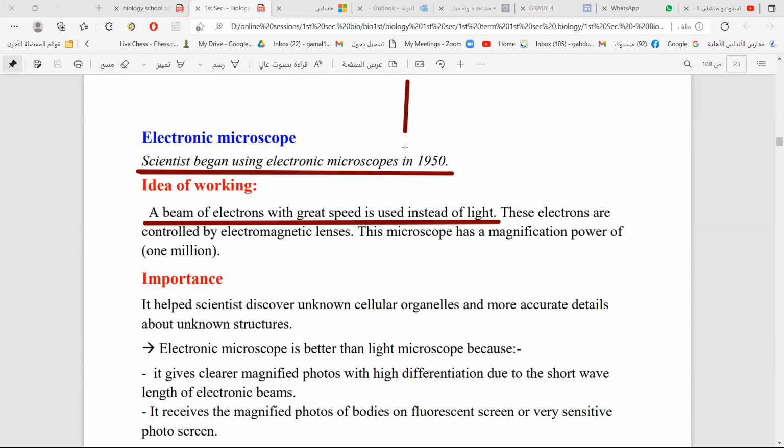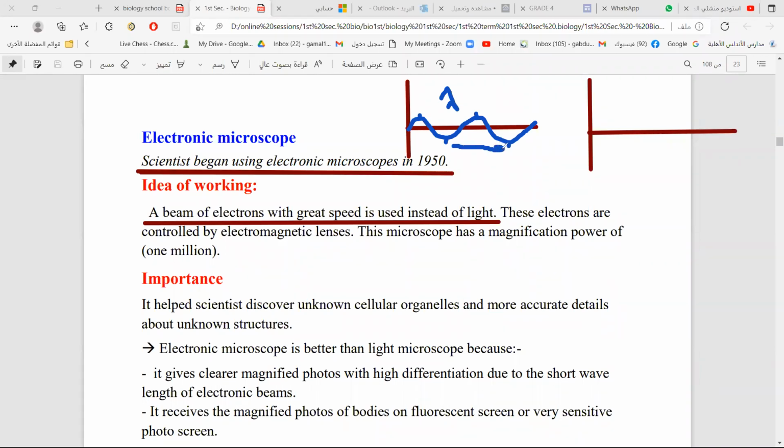If you see here, the normal light wavelength and the electrons wavelength. If we compare, for example, the wavelength of the normal light is like this. You know, the distance between two crests or two troughs is called wavelength.